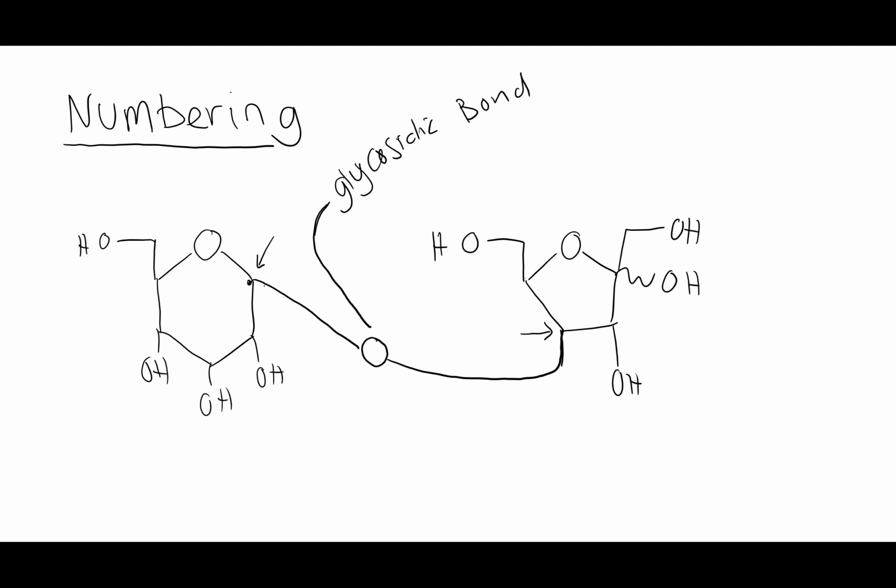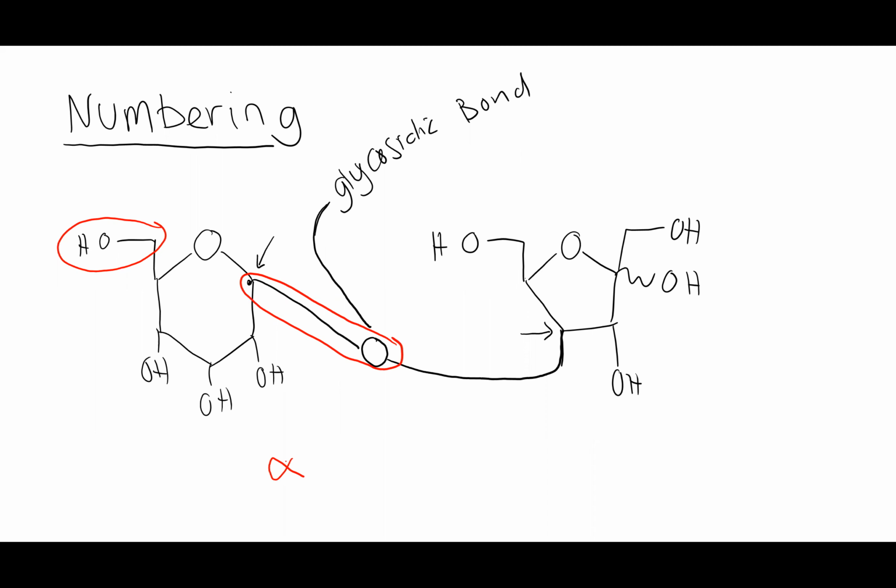Well, the bond itself will be written in a way that shows the O group either pointing down or up. And just as before, we can use this information to think about if it is in an alpha or beta. So you can see this is pointing down, and our CH2OH group opposite of it is pointing up. These are opposite of each other, and so this glycosidic bond starts from an alpha anomeric carbon.